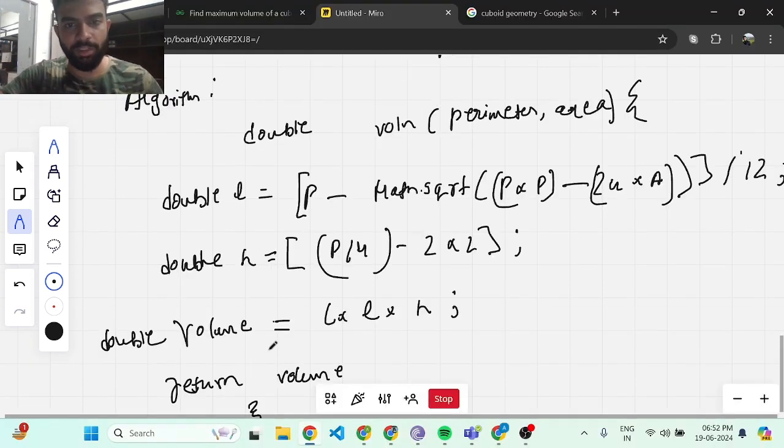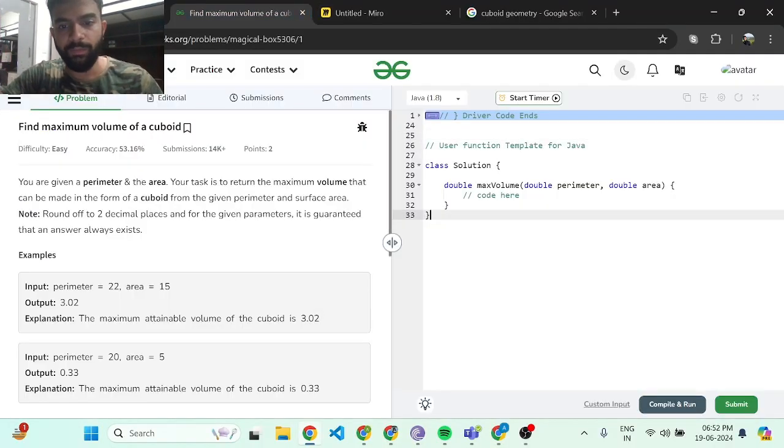So first I'm going to execute this problem over here. I'm going to write a function.